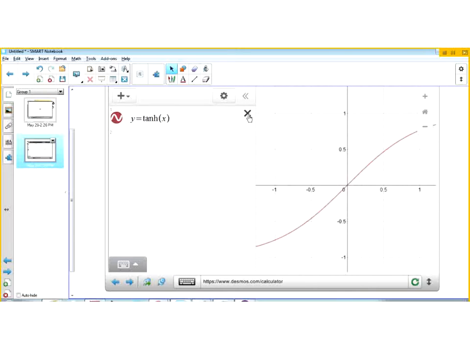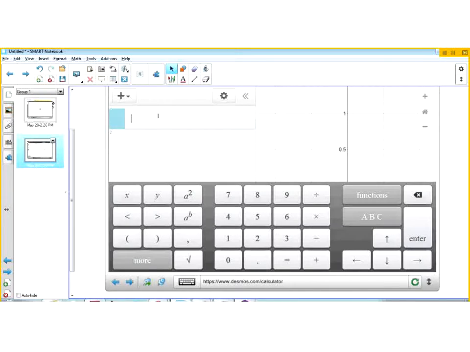Y is equal to hyperbolic tan x, shown in red now.